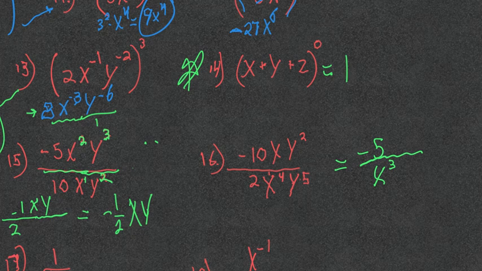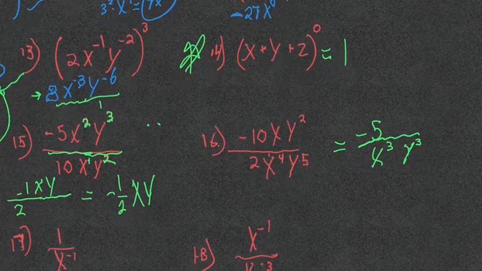Same thing with the y's. We have y squared on top, y to the 5th on the bottom. Well, the 2 y's multiplied on top are going to cancel off with 2 of those 5 y's on the bottom. So there won't be any y's left on top, but the extra ones on the bottom are y cubed. Okay? So there's your final answer: -5 over x cubed y cubed.